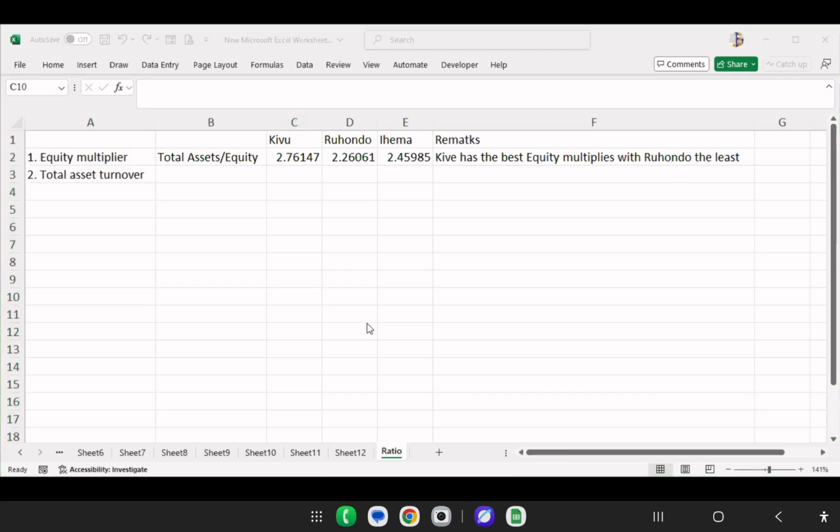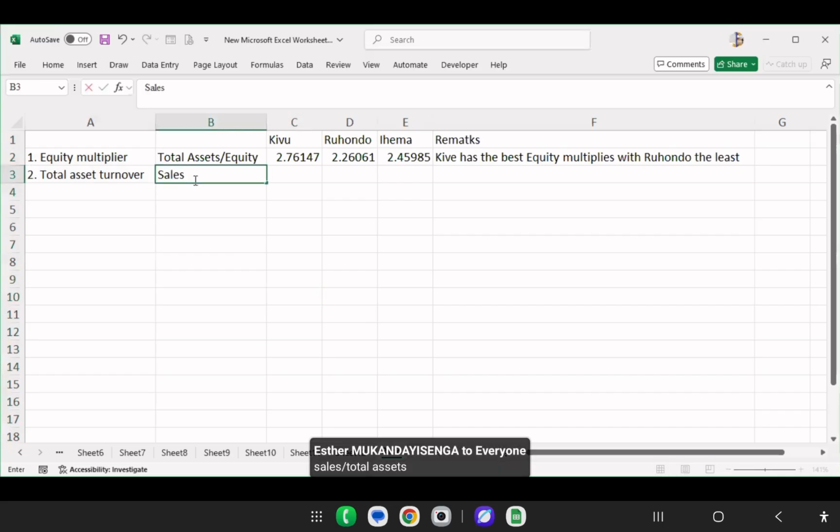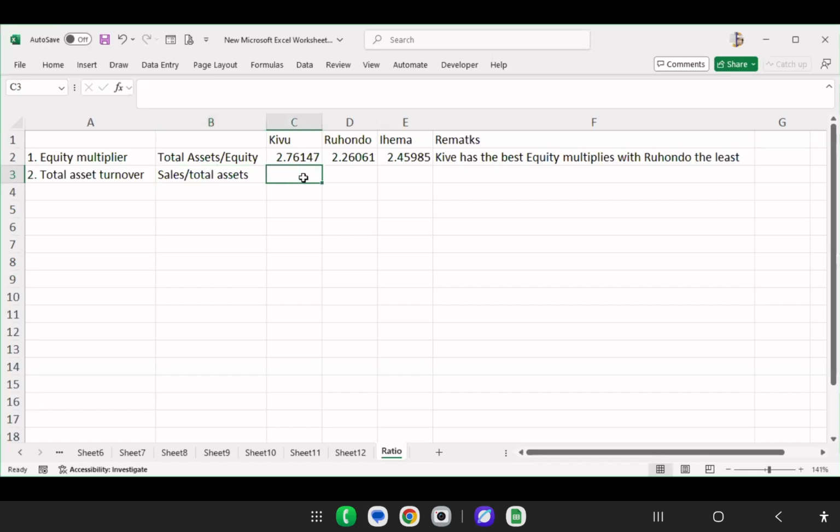How do we get the assets turnover? Someone to text on that. Assets turnover is sales divided by total assets. Sales over total assets.